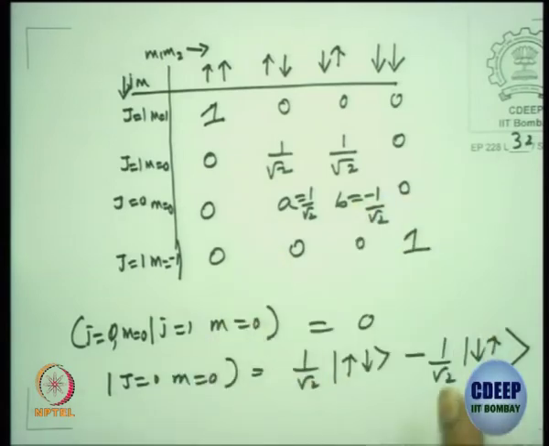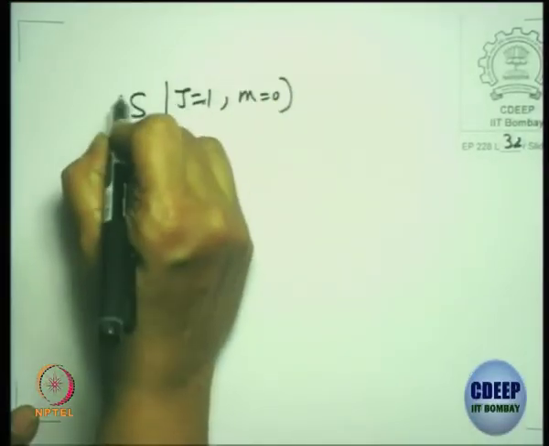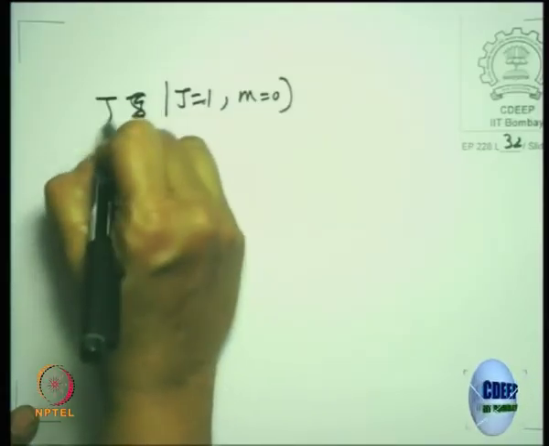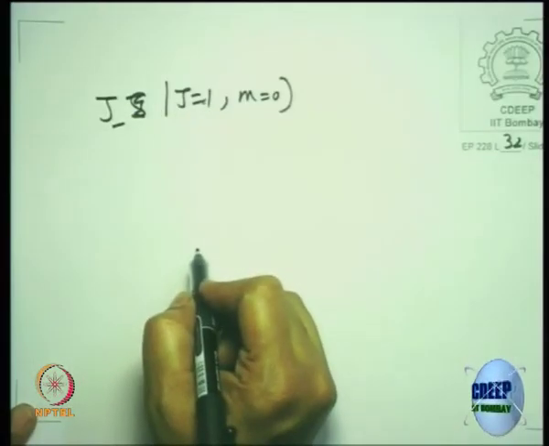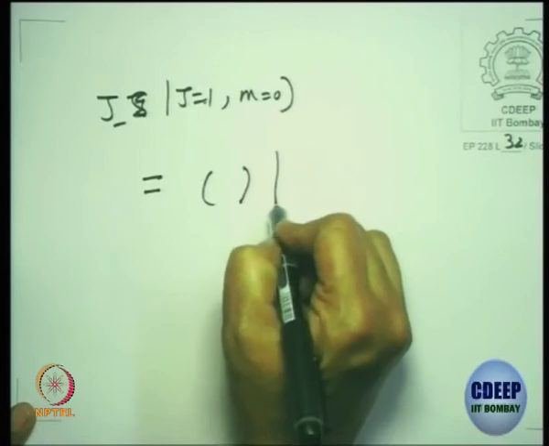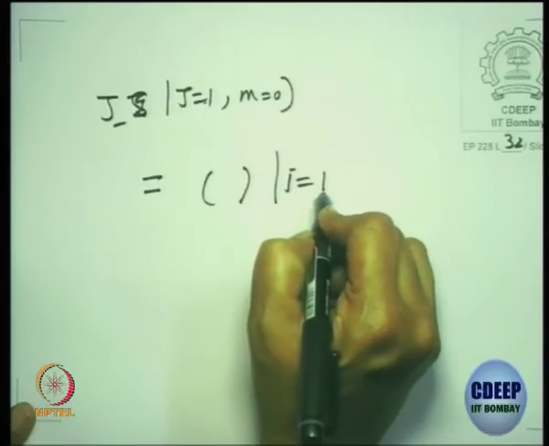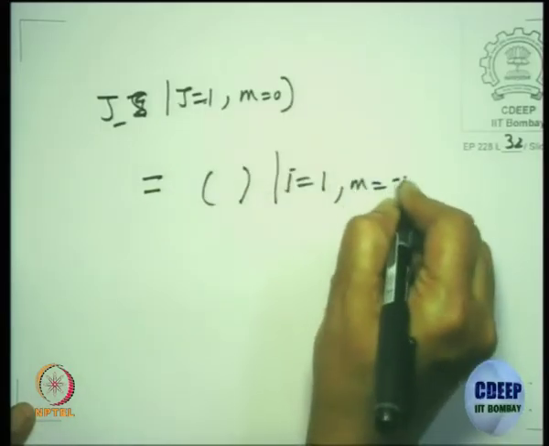But you can also do it independently, just to make sure that in whichever way you do it, it does not give us a wrong result. So you take J equal to 1, M equal to 0 and operate your S minus or J minus operator. What will that give you? Something, coefficient, J will not change. What will change? M will become minus 1.